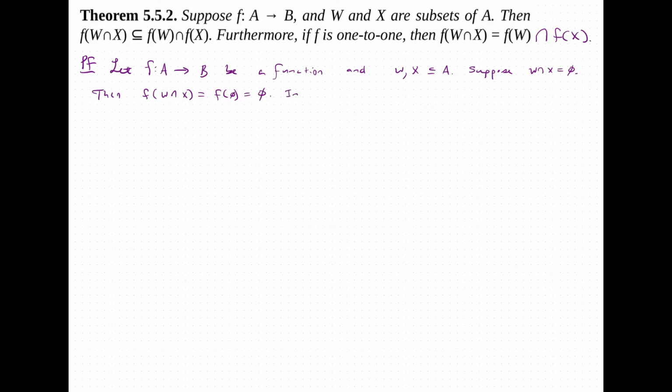So in particular, we have that f of W intersect X, which is equal to the empty set, is a subset of f of W intersect f of X. So that takes care of the case when the intersection is empty.